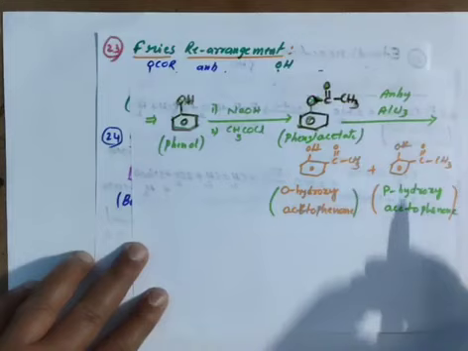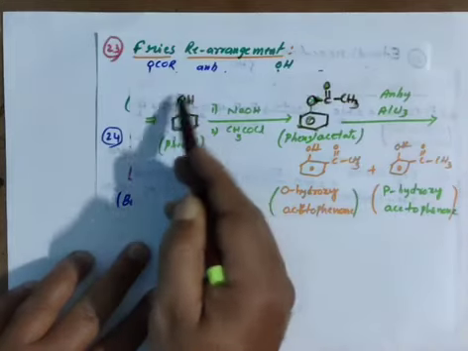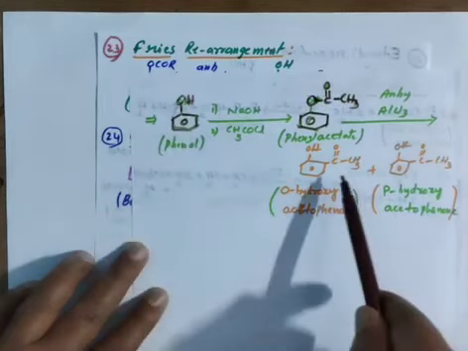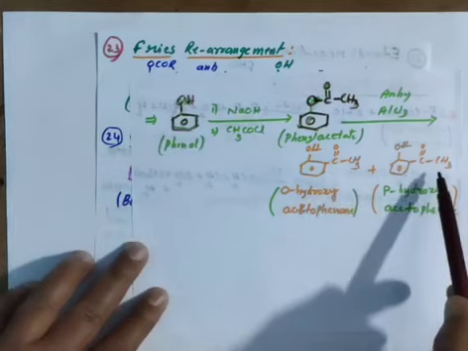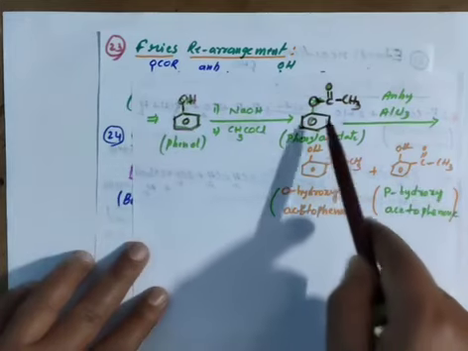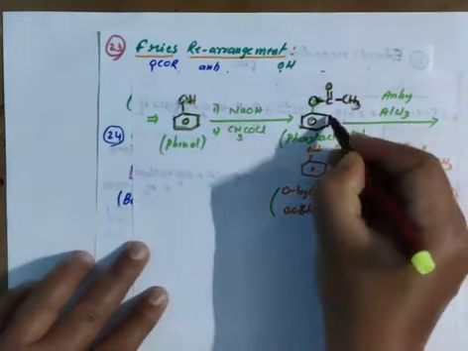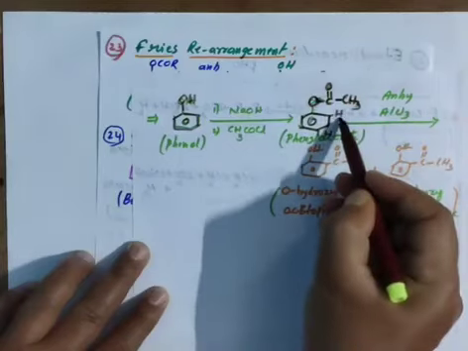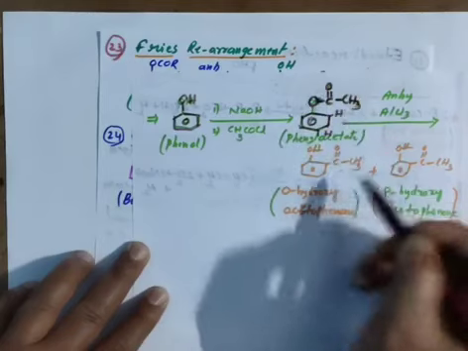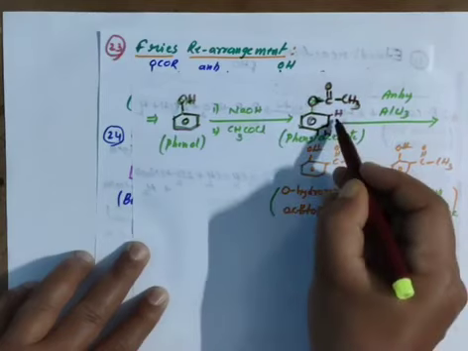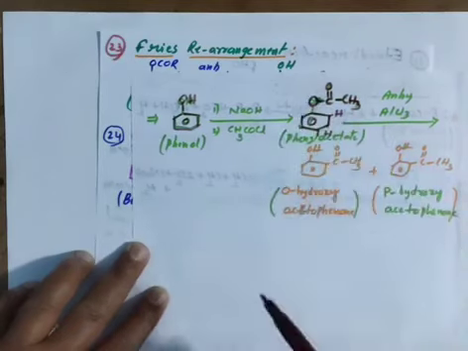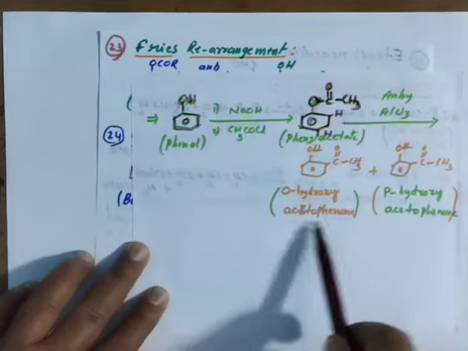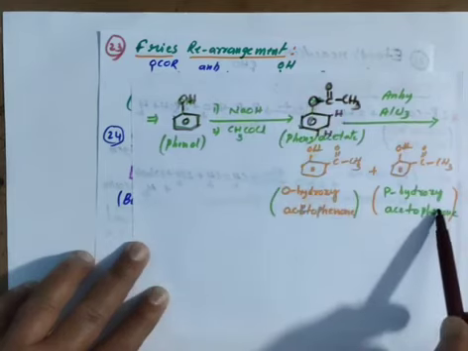Rearrangement will take place. You know, OH is an ortho-para director. Then you are getting two products, ortho product and para product. So this hydrogen we have in the ortho position and in the para position is replaced by the COCH3 group, and this hydrogen moves to here. Then you are getting ortho-hydroxyacetophenone and para-hydroxyacetophenone.